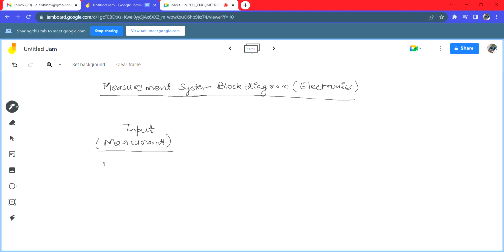Now let us say this is force, and we have the graph of force, say like this. So this force F is varying with respect to time. That's all. And we have to measure this force.